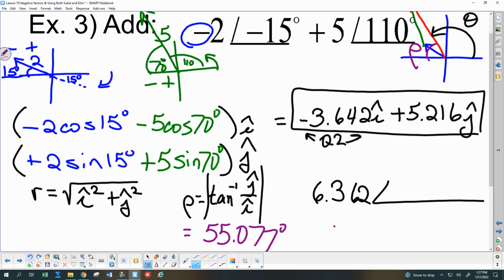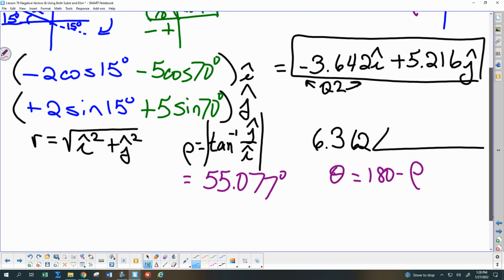What does the picture say? Is everybody good with rho plus theta is 180? When you look at the picture, rho plus theta, my purple plus my black up here at the top is 180. So that would mean that theta would be 180 minus rho. I want that written on your paper.